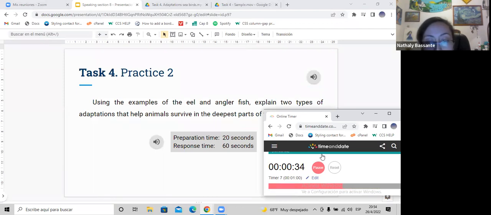So they evolved with a big mouth, so they can eat a lot. And the second is generate light that can attract some fish in the deepest part that is not light, so they can catch a fish in order to eat them.